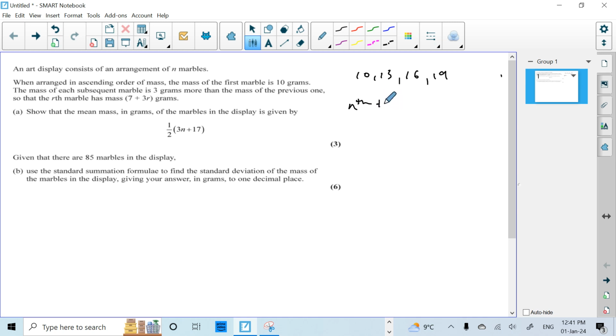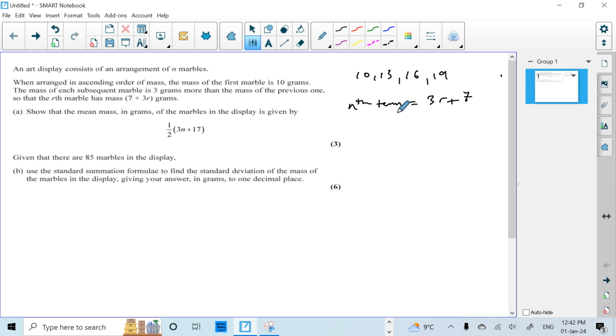So the nth term is equal to 3r plus 7, because the difference is 3 each time, and when you say 3 times 1 you get 3, and the difference between 10 and 3 is 7, and it will work out for 13, 16 and 19, of course.